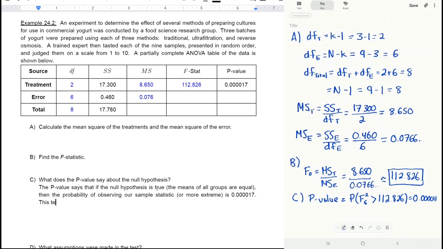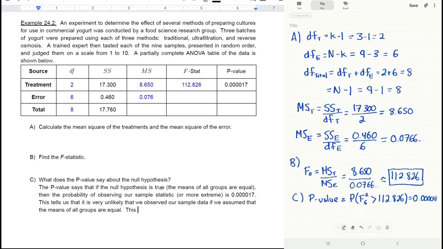So this tells us that it is very unlikely that we observed our sample data if we assume that the means of all groups are equal.